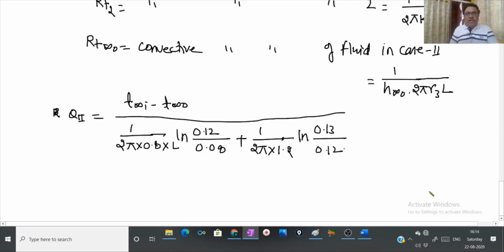This is RT2, and finally 1 over 10 into 2 pi into R3, which is 0.13, into L.